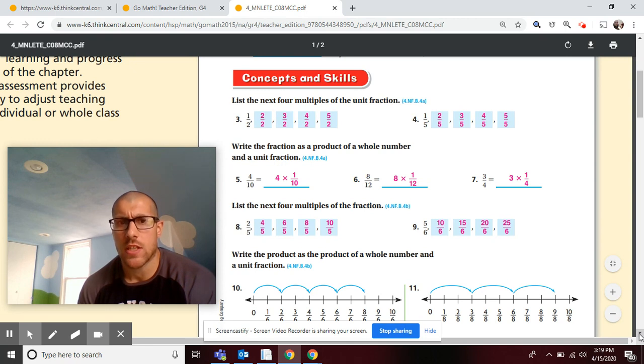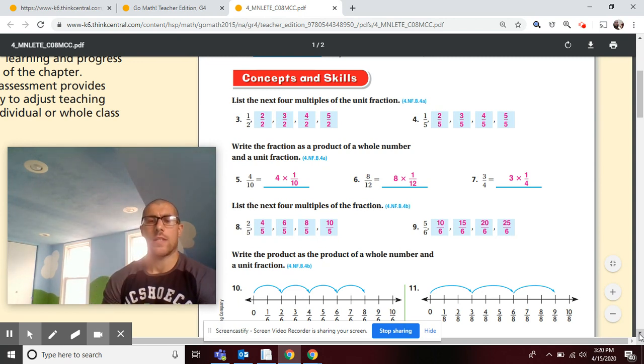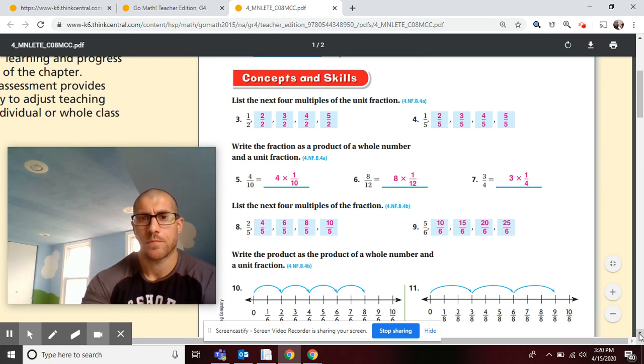So the first number will always be the numerator. So like in number 5, the first number in that equation is 4 times, what is the unit fraction of 4/10? They are broken into what? Tenths. So 4 times 1/10, because just like your definition, a unit fraction always has a numerator of 1.